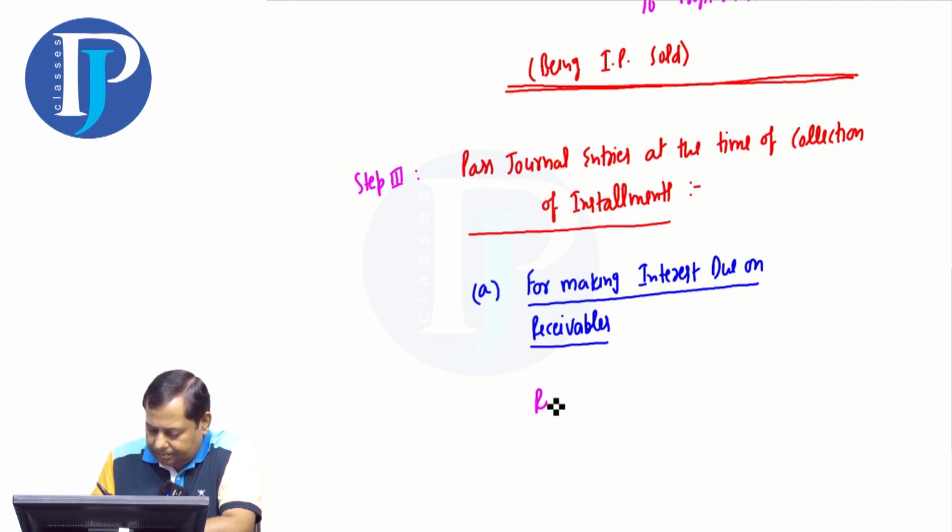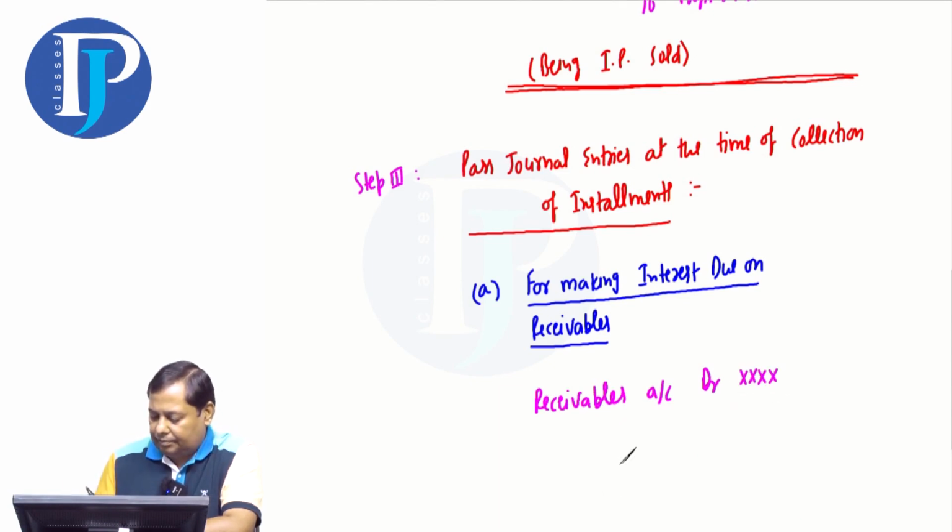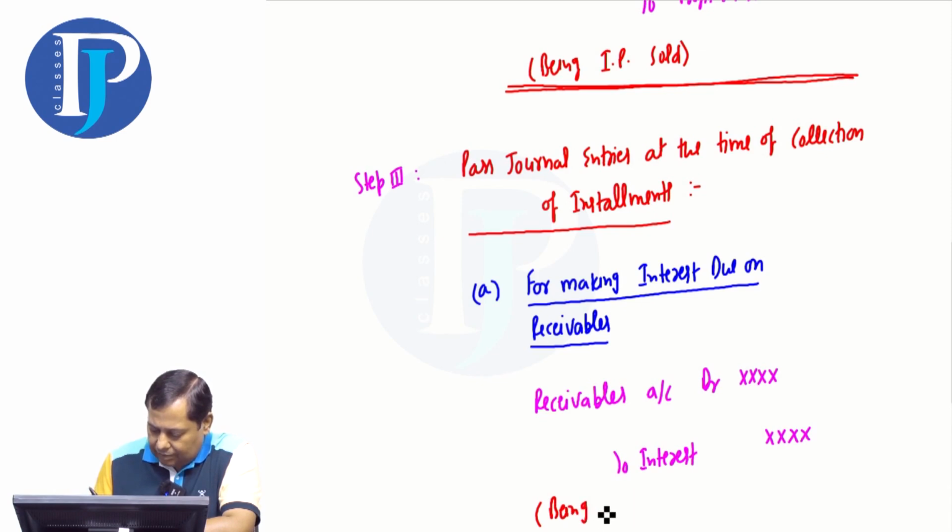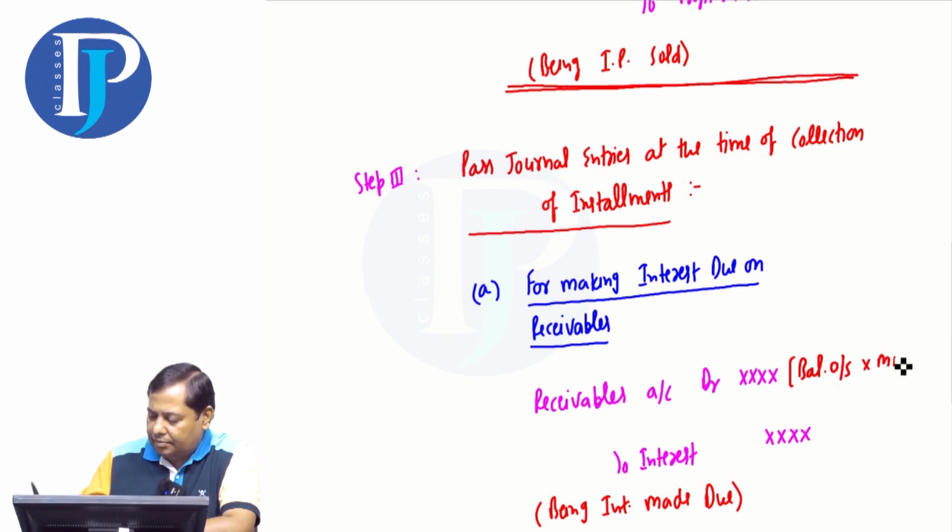Receivables account debit to interest. Being interest made due, balance outstanding into market rate.